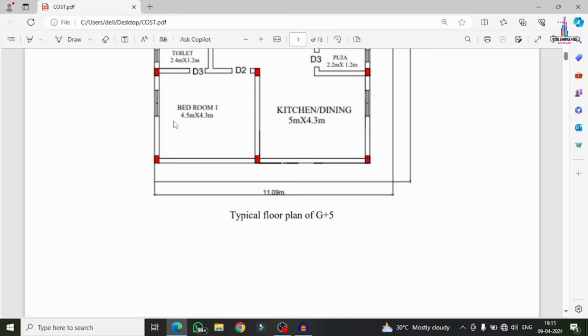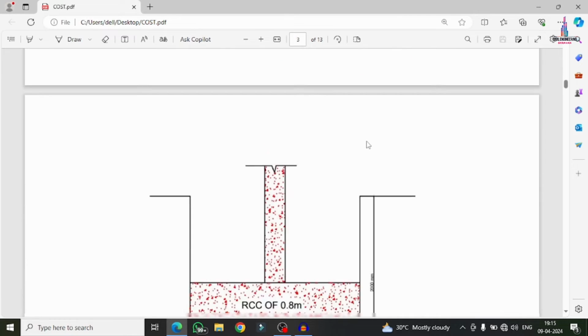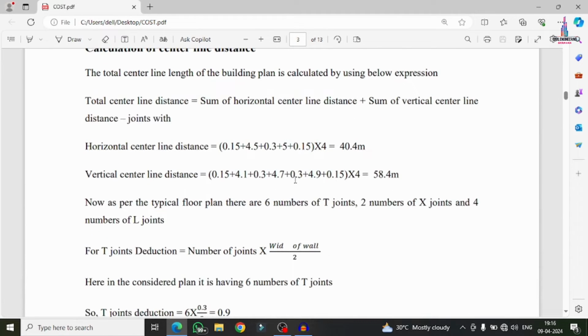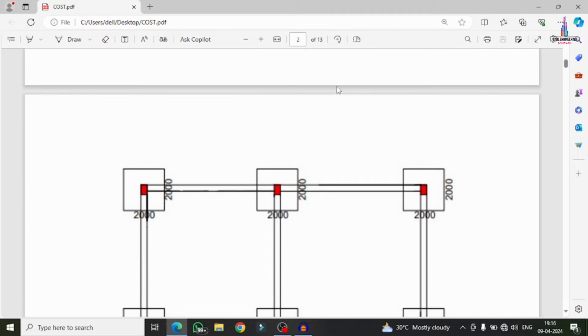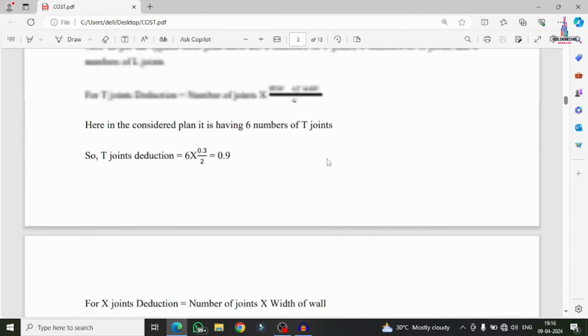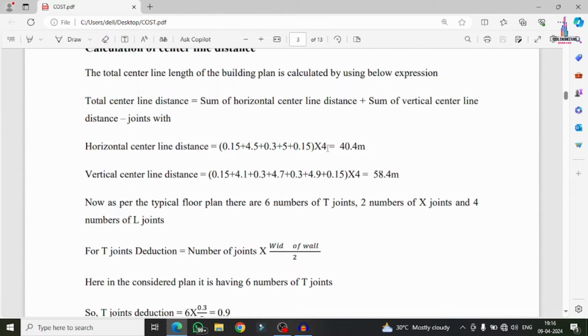Here I am calculating 0.3, 4.5, 0.3 plus 5 plus 0.15. Now we can see this is 0.15, 4.9, 0.3, 0.15, so 4.5, 0.3, 5, 0.15 into 4 numbers. There will be 1, 2, 3, 4 beams here. That's why we calculated the horizontal center line distance as 4 here.